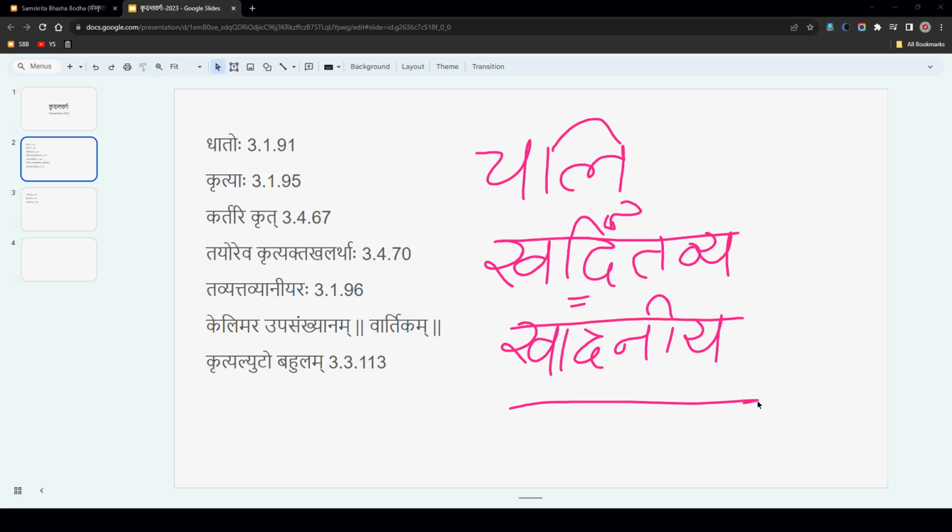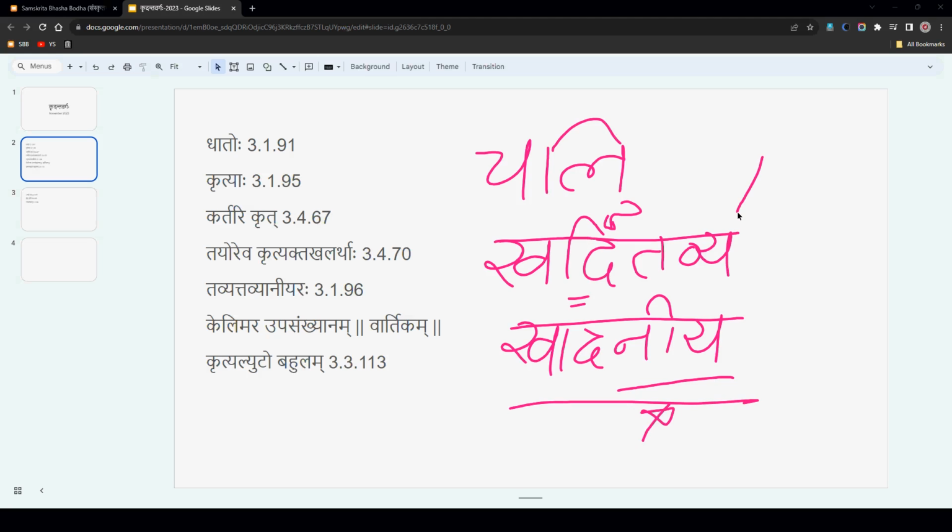But in khadaniya we don't see that E. So note that when we add Aneeyar, E does not come for any dhatu, in any Kridanta having the Aneeyar pratyaya. But when we add Tavya or Tavyat, E can come, depending on what dhatu it is.